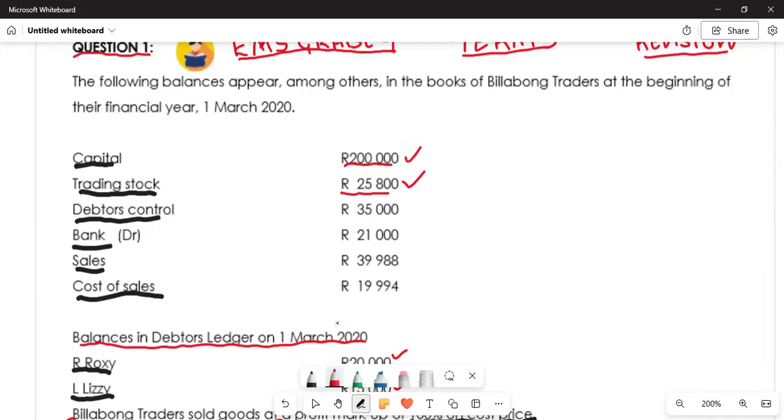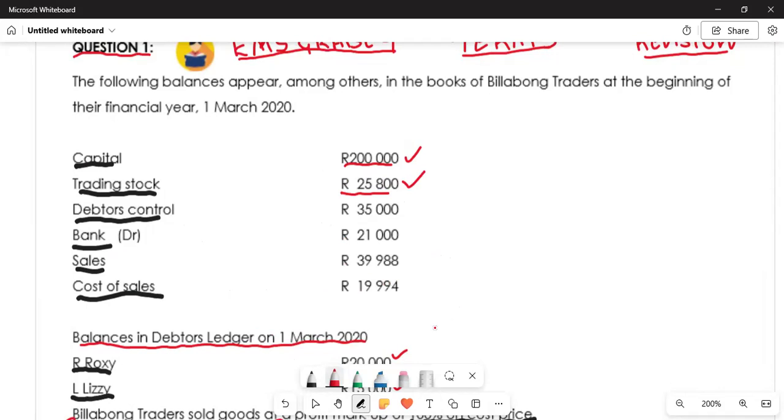So this is the amount that we recorded under trading stock on the debit side. So now also we have cost of sales, which is going to go on the credit side of our trading stock.